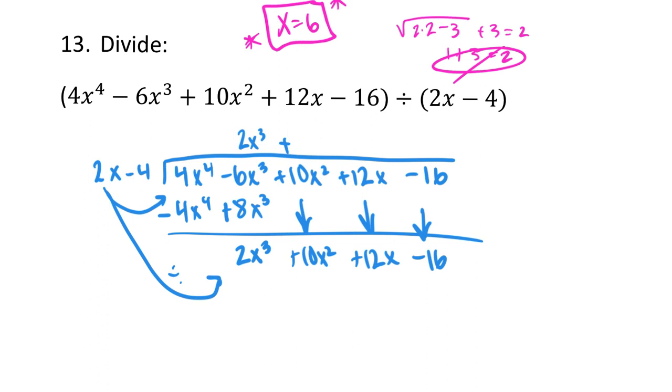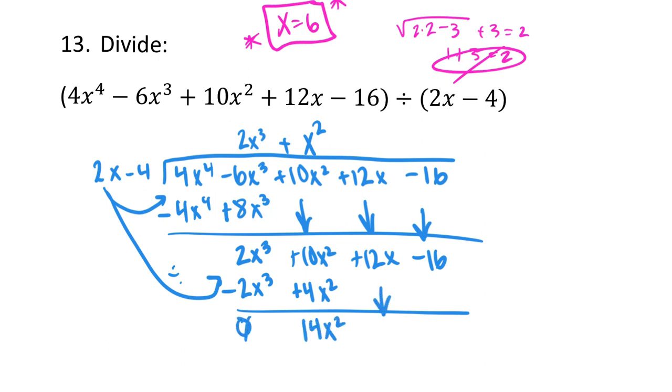So 2x goes into 2x cubed x squared times. That gives us 2x cubed minus 4x squared. We're going to change each thing's sign. That gives us 14x squared plus 12x minus 16.